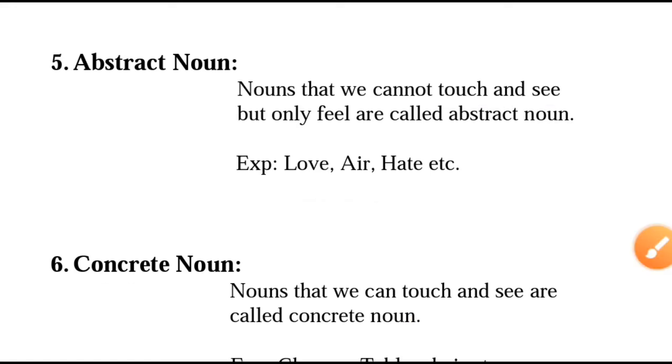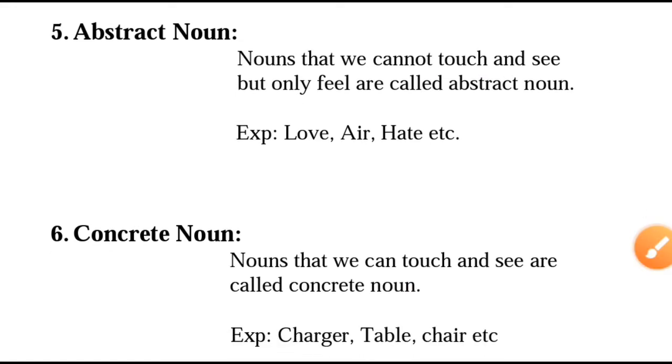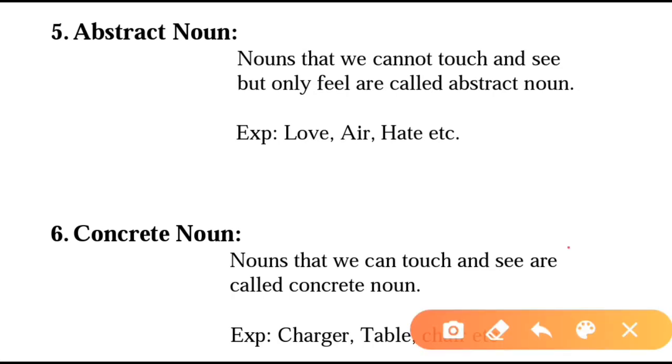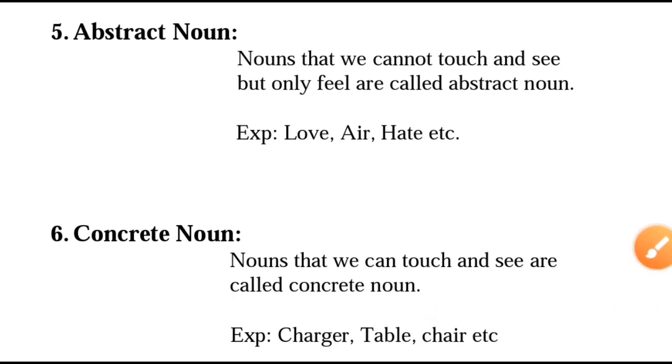Concrete is the opposite of it. As I mentioned, nouns that we can touch and see are called concrete nouns. A few examples here: charger, table, chairs. These are all examples that you can count. You can count 10 chargers, 20, or more than 100.